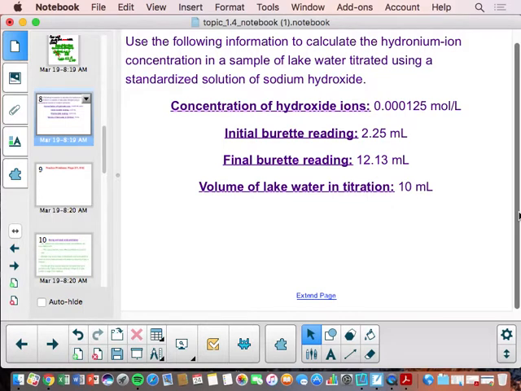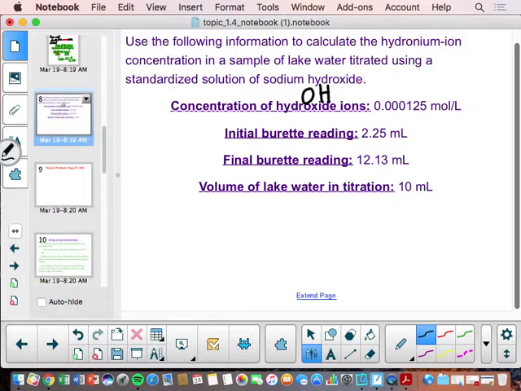So let's label all this stuff to use this formula. So we've got our formula: C acid, V acid, C base, V base. So our concentration of our hydroxide ions, we've got hydroxide, which we're comparing that to. Our hydroxide is OH. So this would be our base.